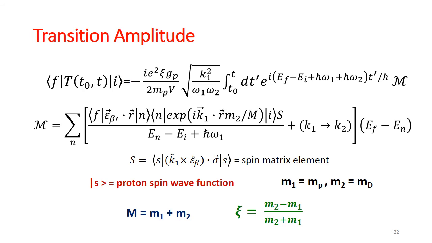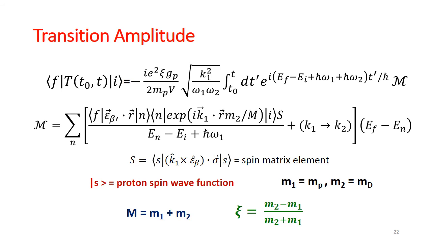I varies relatively slowly. Then this overlap will not be very sizable. In fact, this will be highly suppressed. It is the presence of this very rapidly oscillating function out here that allows this overlap to be sizable for a small range of Kn corresponding to this state.